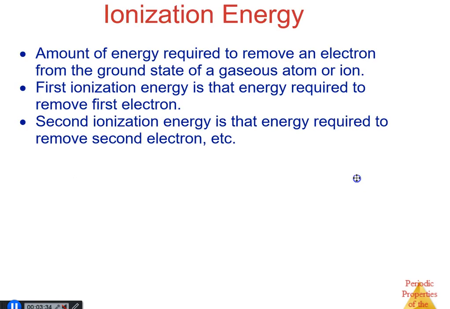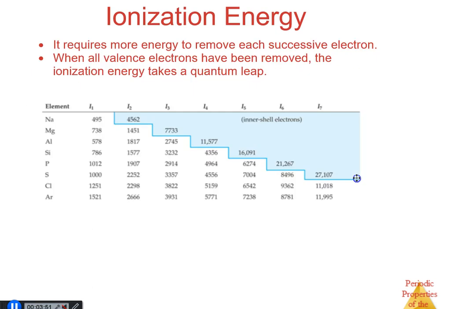Okay, next. We talked about ionization energy, didn't we? Okay, so just a review. The ionization energy is the energy required to remove an electron. The second one is to remove a second or third or fourth or fifth. All right, it requires more energy to remove each successive electron.